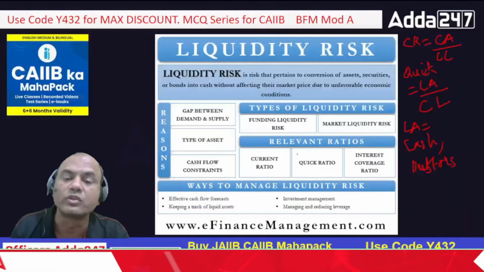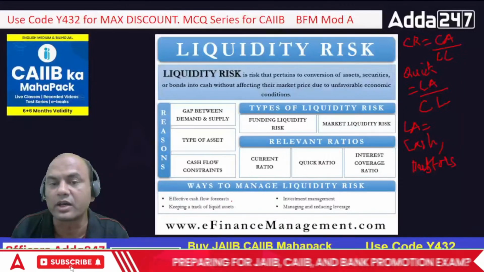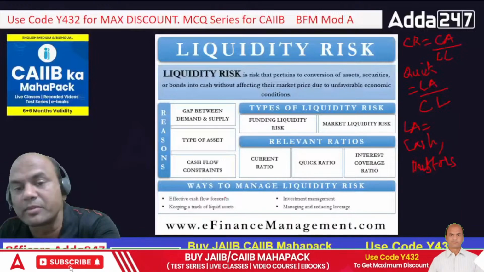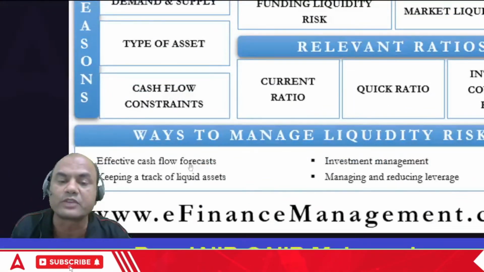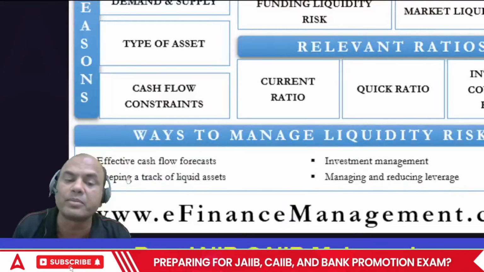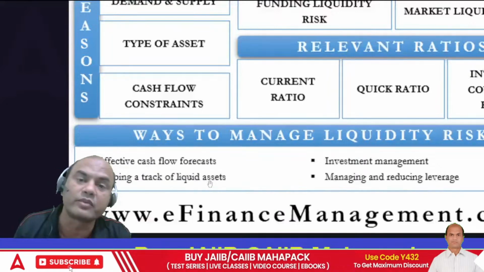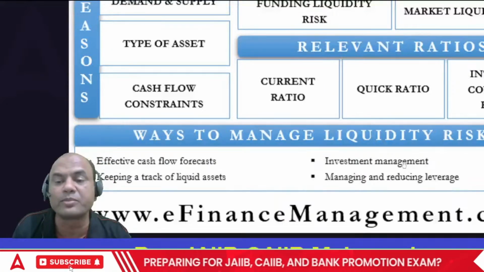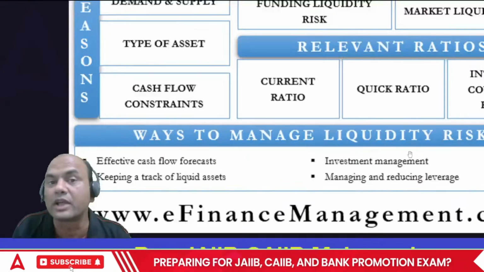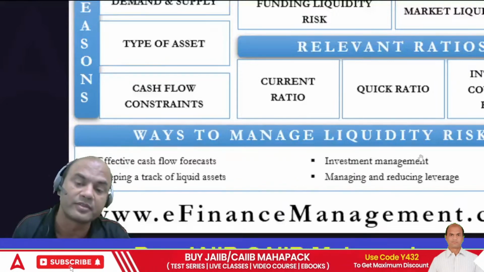Okay, so what are the ways to manage the liquidity risk? Effective cash flow forecast, very important. You must be able to forecast your cash flows effectively. Second, keeping track of liquid assets. You need to keep track of the liquid assets, so how much debtors you have, how much cash you have. Investment management: how to manage your investments so that at the click of a button you are able to get the funds which are necessary.